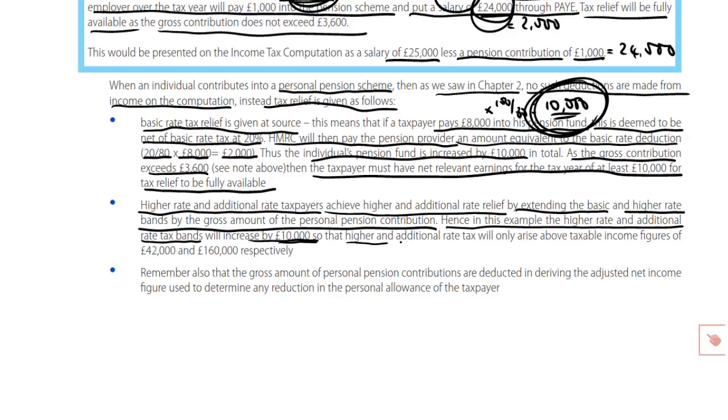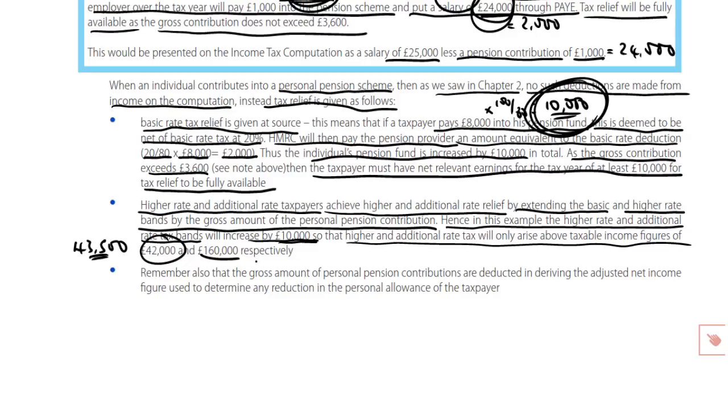So the higher rate and additional rate tax will only arise above taxable income figures of, hopefully it's already been adjusted on the version of this that you are looking at. That would have been last year, so that's an updating error. I apologise for that. That, of course, should be, and hopefully you're already looking at, £43,500, 10,000 above the 33,500 basic rate band limit, and 10,000 above the 150,000, that's £160,000.